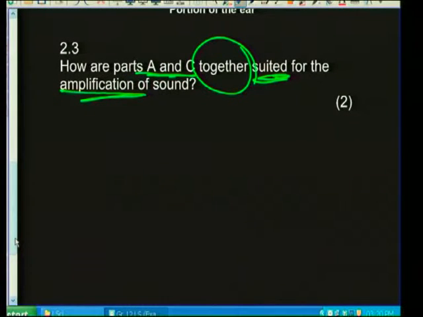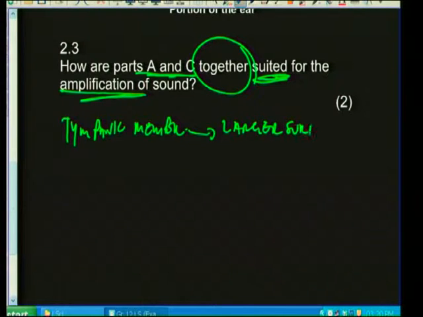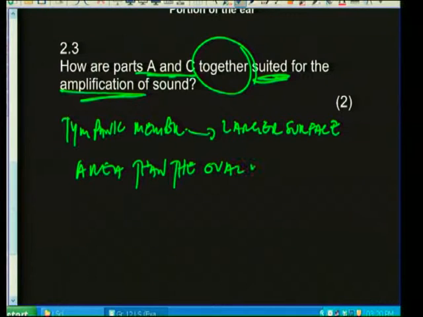So we say that the tympanic membrane has a larger surface area than the oval window. Now in this answer, guys, you didn't have to mention tympanic membrane, you didn't even have to mention oval window. You had to just say that A has a larger surface area than C. It would have also been correct.